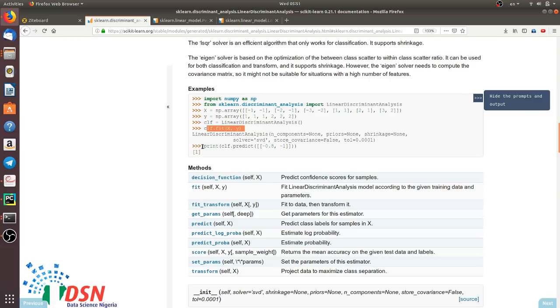After that you could use your data with the predict method. Okay, that's it. So using linear discriminant analysis is pretty straightforward.